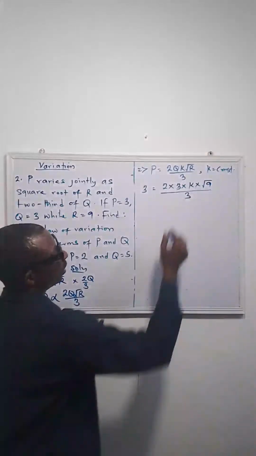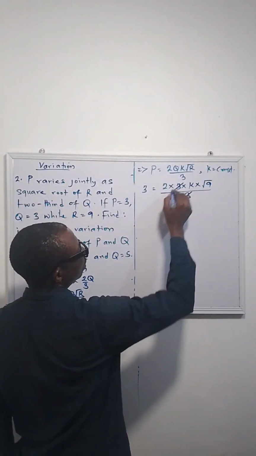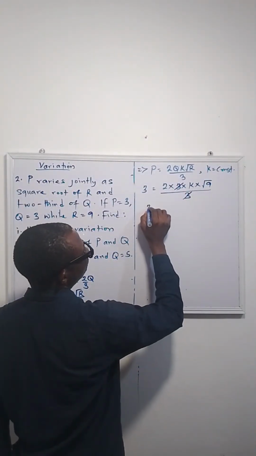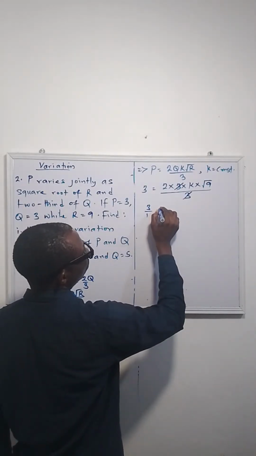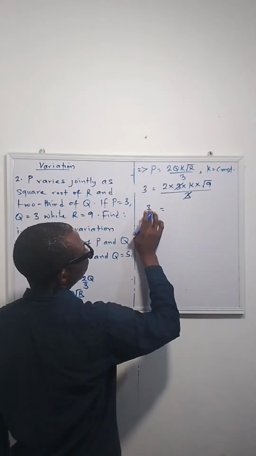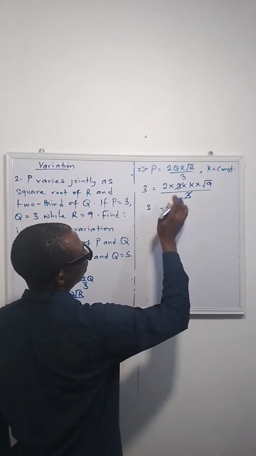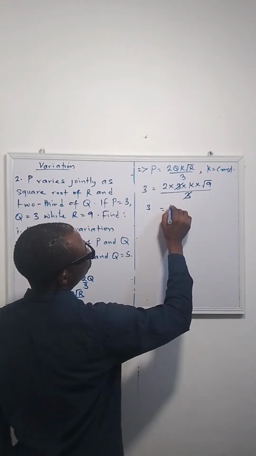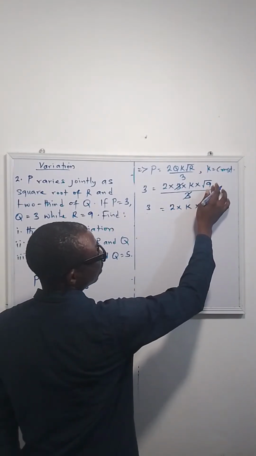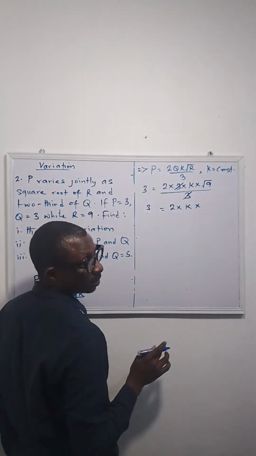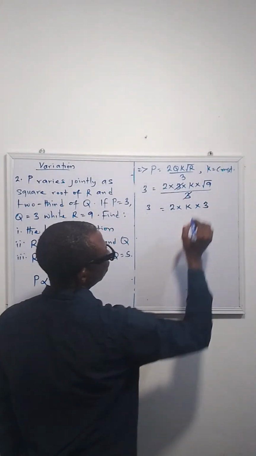Okay, so this will cancel this. So we are left with 3 over 1. 3 over 1 is the same thing as 3, we simply write 3 since we don't have a fraction here again. 2 times K times, what is the square root of 9? That is 3. So you have 3.